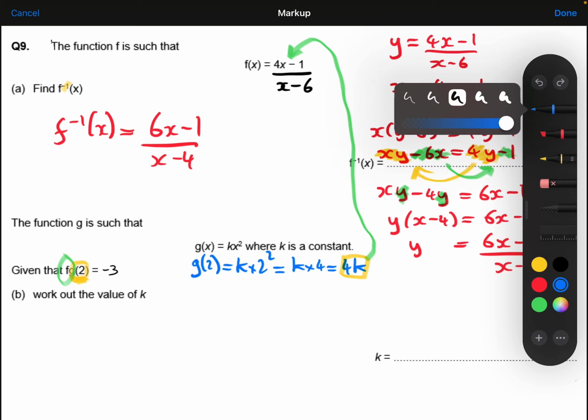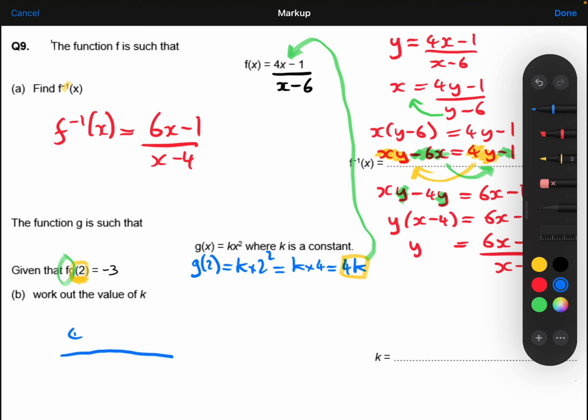First of all, substituting it into the numerator, we've got 4 lots of x, so 4 lots of 4k, minus 1. Now let's substitute it into the denominator. So we've got x, or 4k, minus 6. And that's going to equal the minus 3 that we were told about in the question.